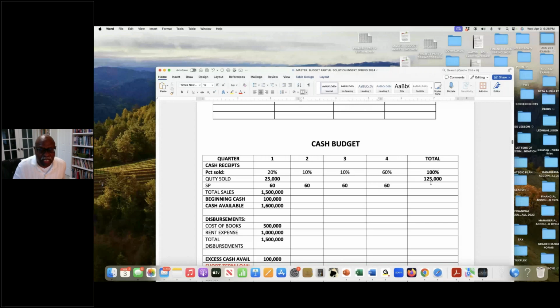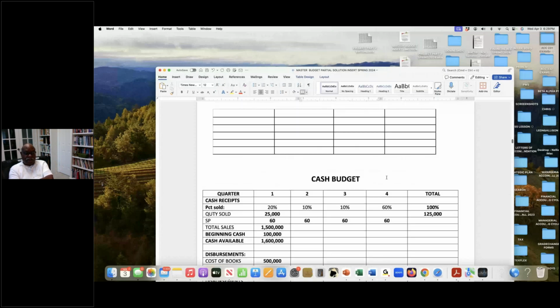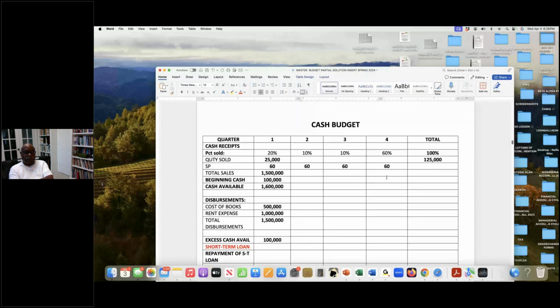Then we would use these same figures. We started on this a little last time, and you should have it. So what you've got to do now is finish this cash budget.